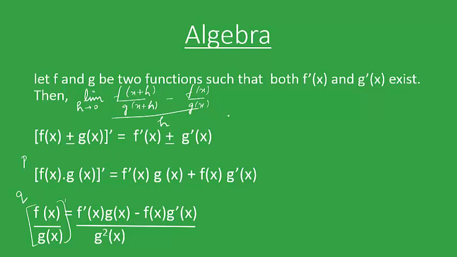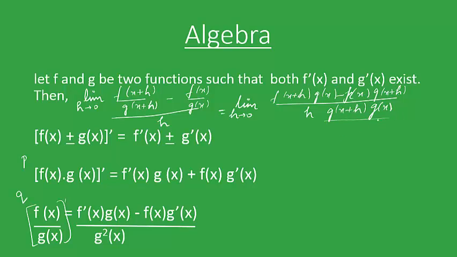upon h. Now taking LCM, we'll have limit h tends to 0 of f of x plus h into g of x minus f of x into g of x plus h upon h into g of x plus h into g of x.